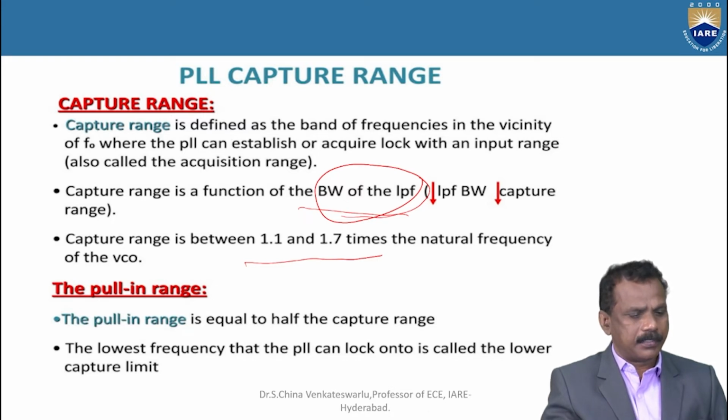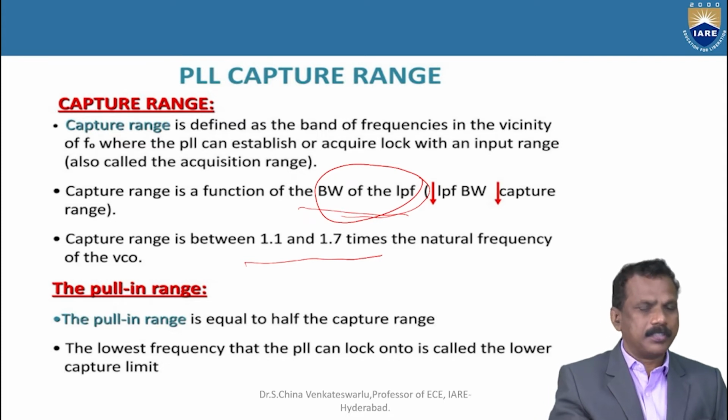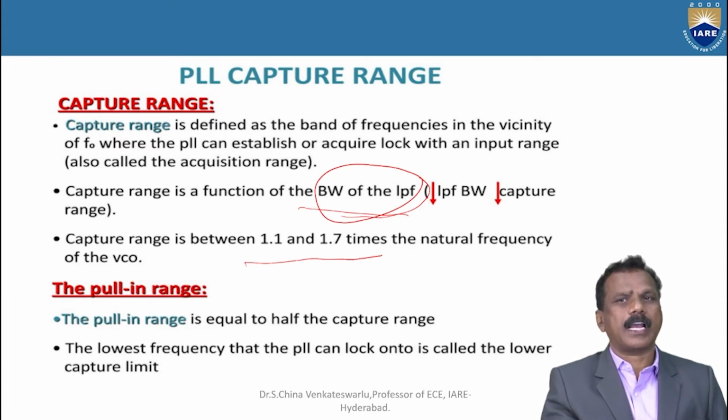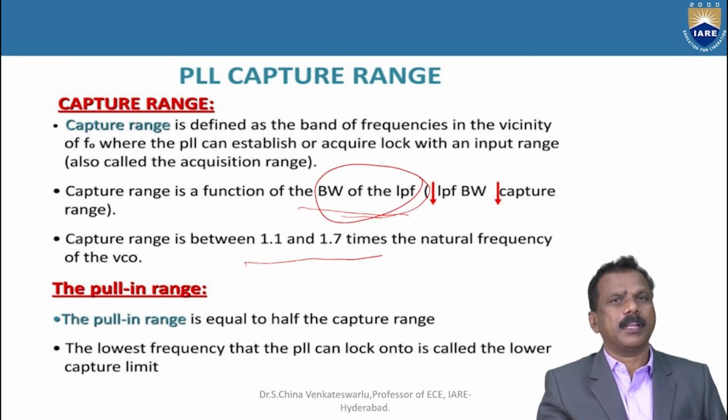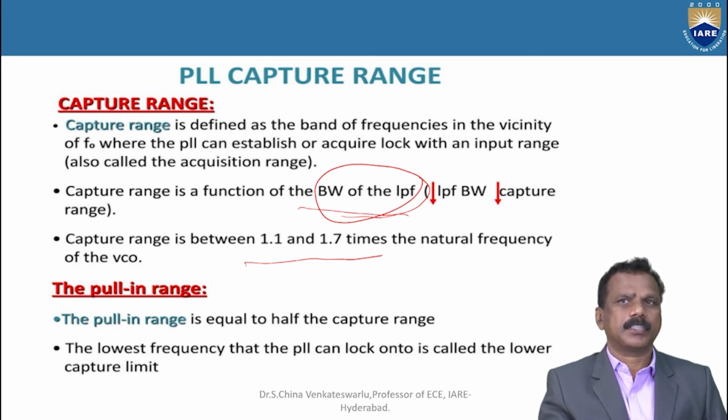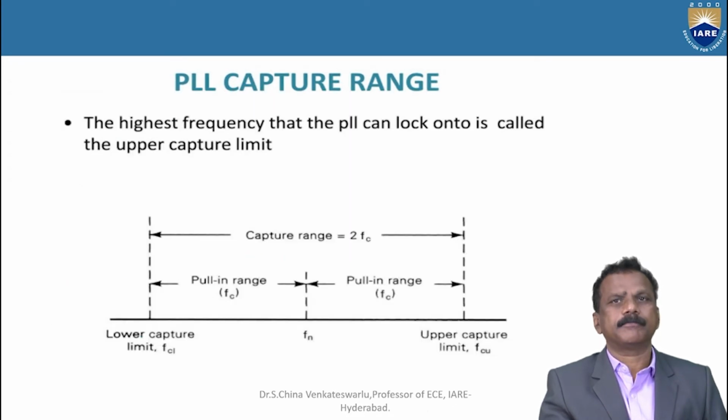Coming to the pull-in range. The pull-in range is equal to half the capture range. The lowest frequency that the phase lock loop can lock onto is called the lower capture limit. Like this, the phase lock loop capture range is observed.